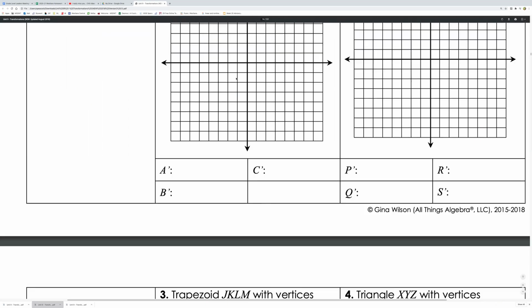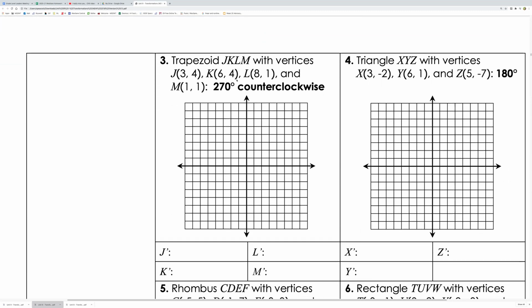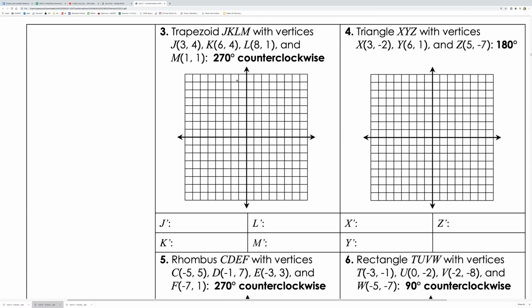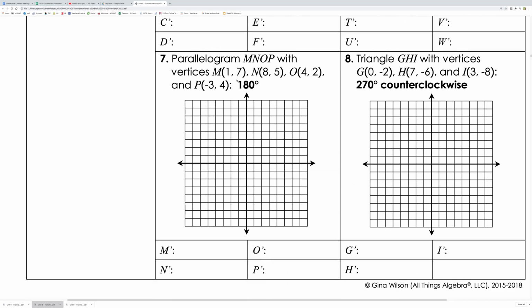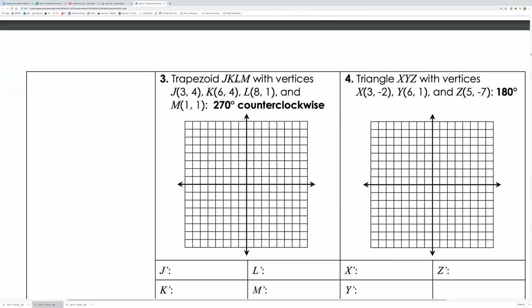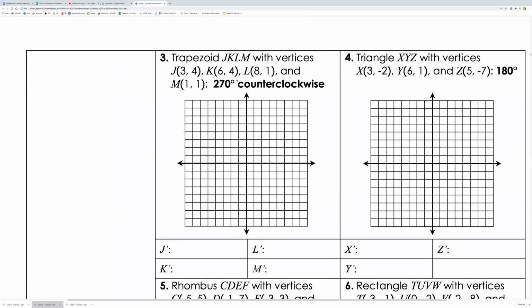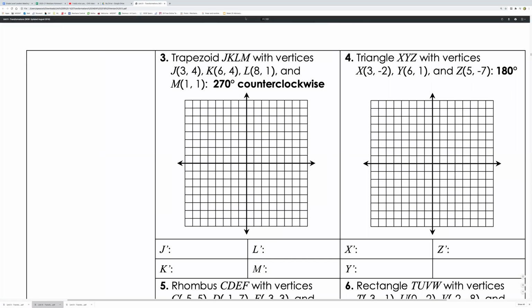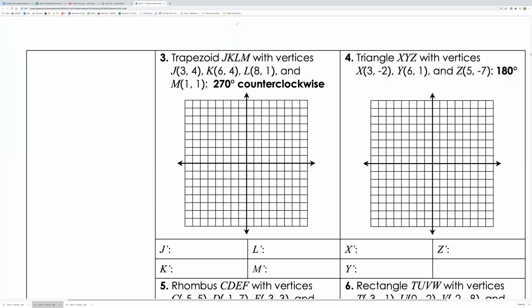Let's do a 270. All right, so we've got 270 right here. For 270 counterclockwise, the rule is that you flip and change your second number. For J, it's currently 3, 4, so it would be 4, negative 3.